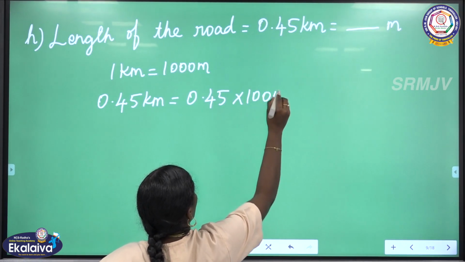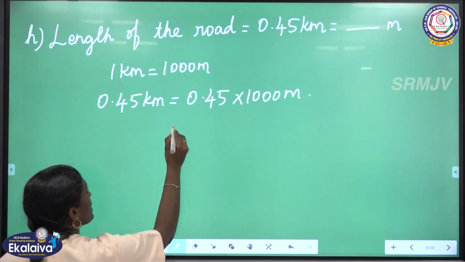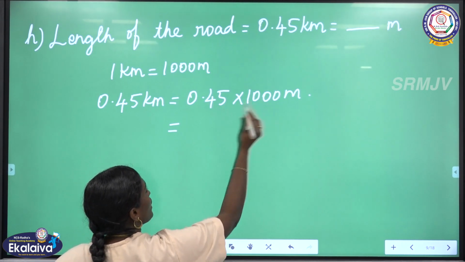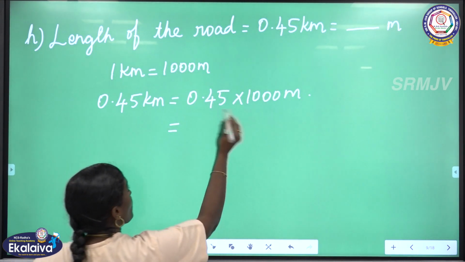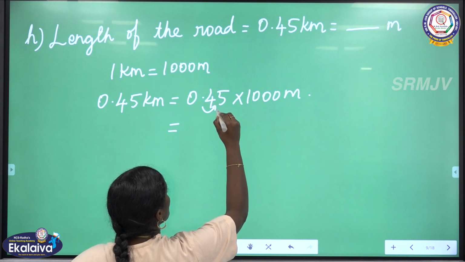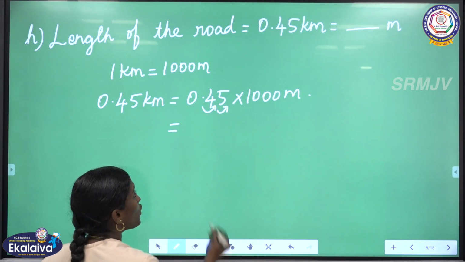Greater unit to smaller unit, that is multiplication. So, we have to multiply it by 1000. Here, while multiplying a number by 1000, according to the number of zeros, we have to move the decimal point to the right. So, here we have to move the decimal point 3 places to the right. Here we are having 2 places. We need one more place.